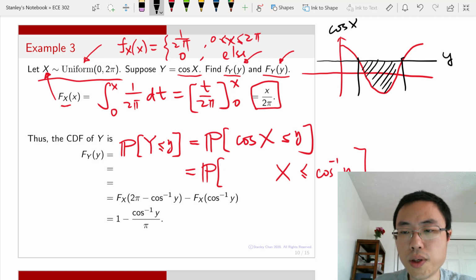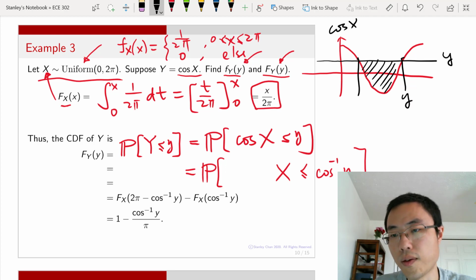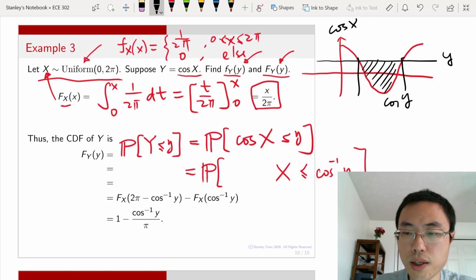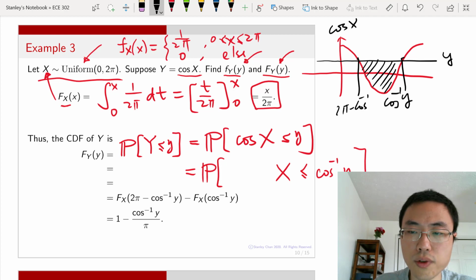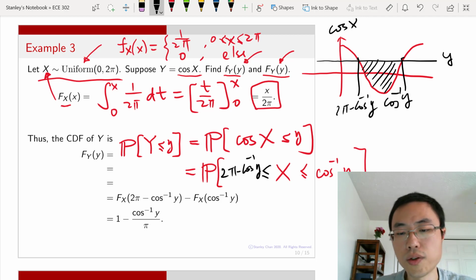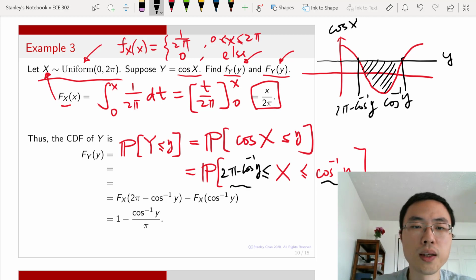Well, here it would be cosine inverse of y. The other value here is actually 2 pi minus cosine inverse of y, because there's a period here. So you have one end and the other end according to this curve.